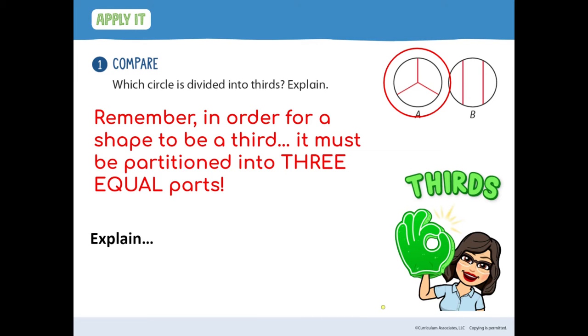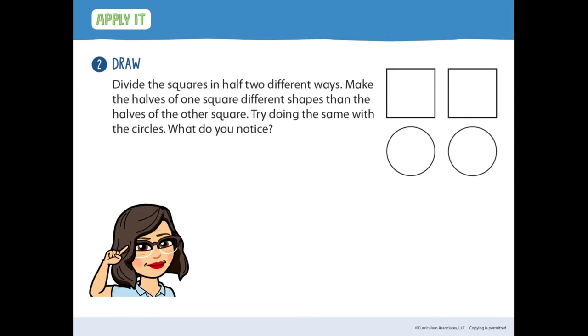So boys and girls, remember, at any time you may pause the video. That's always a good practice to pause the video. Number 2, draw. Divide the squares in half 2 different ways. So you need to cut them in half 2 different ways. Okay, annotating.